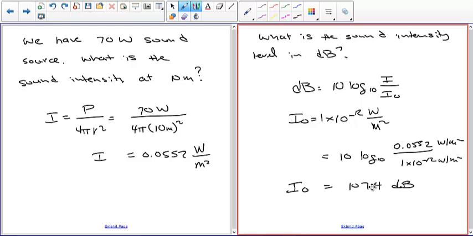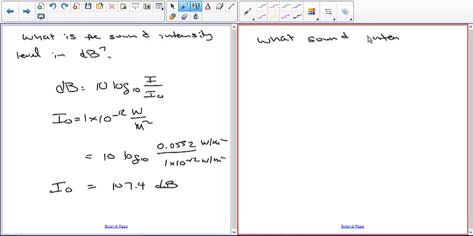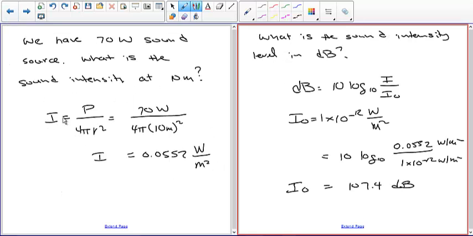So let's say instead of at 10 meters, the next question is, what is the sound intensity at 100 meters? So the formula for intensity is power divided by 4 pi r squared.